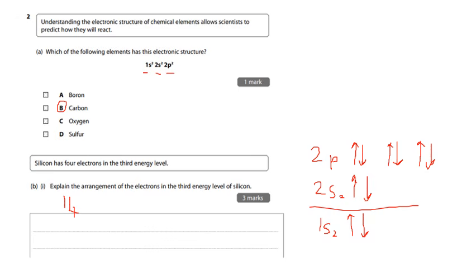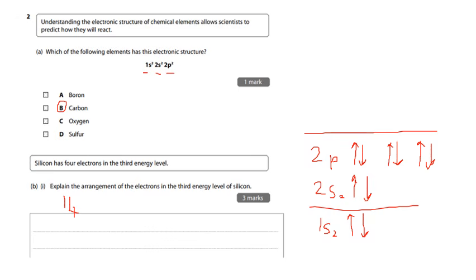It's always higher, going up from shell to shell, going from subshell to subshell, and when you fill up the electrons, it's always a higher energy state, if you know what I mean. So that's n equals 2. That's the second shell. Now we've got 1, 2, 3, 4, 5, 6, 7, 8, 9, 10. We've got 4 more electrons, and this is getting on to the third shell, which is what it asks for.